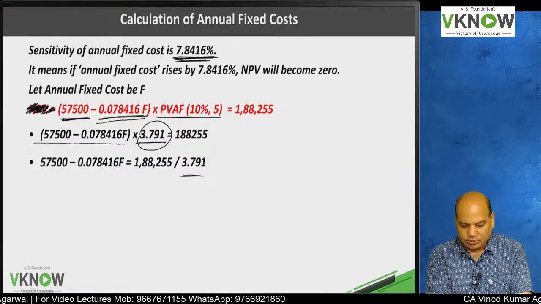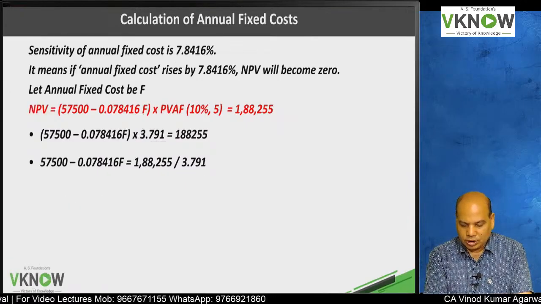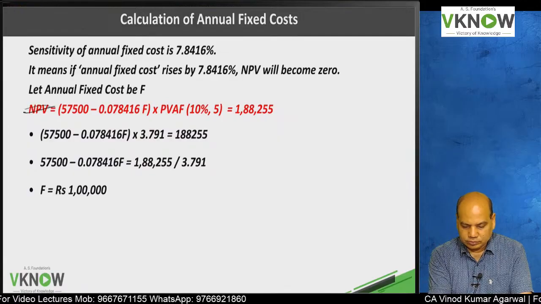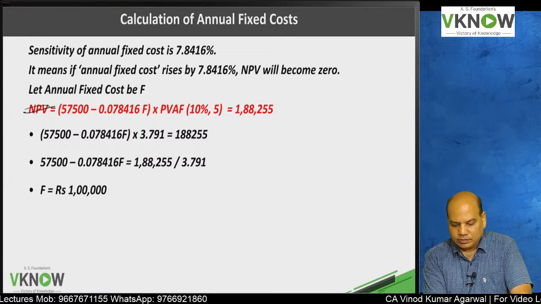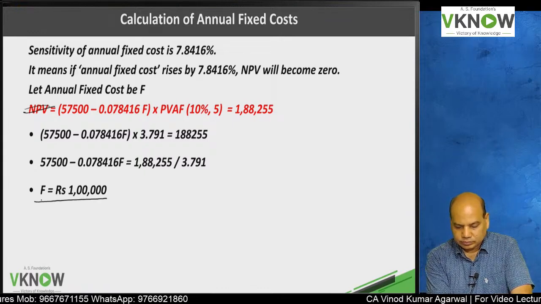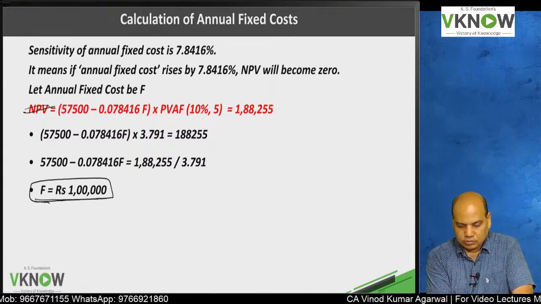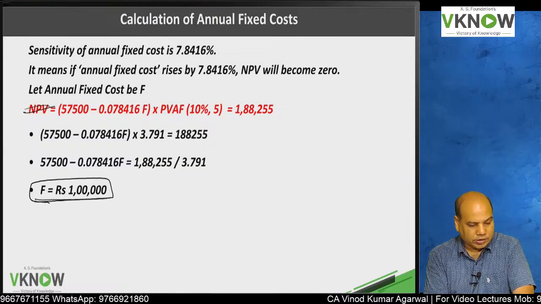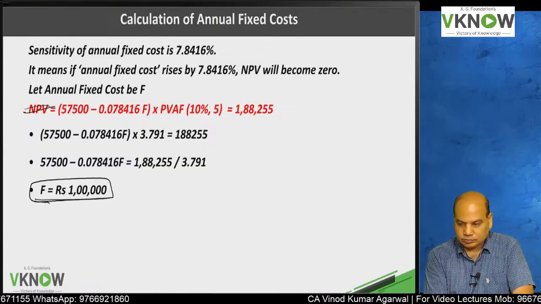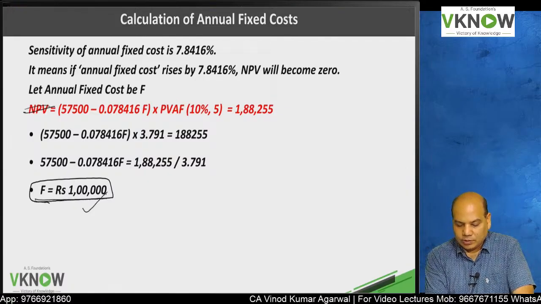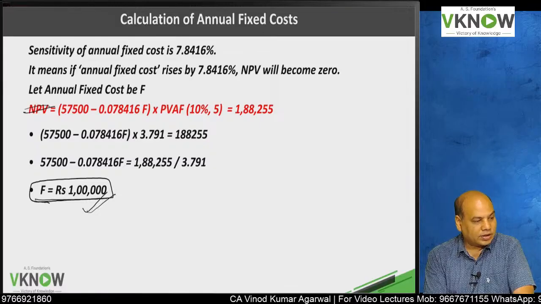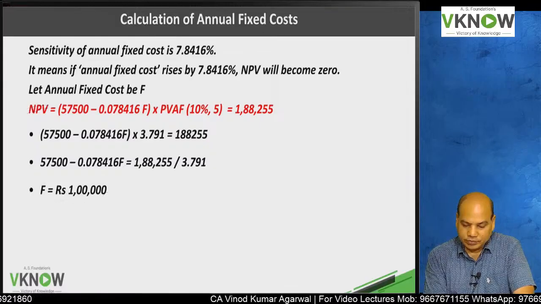You can do it, but I am doing it for you. When you solve this equation, the answer will be 1 lakh. Okay, this 1 lakh will be required in my last answer, break even unit.